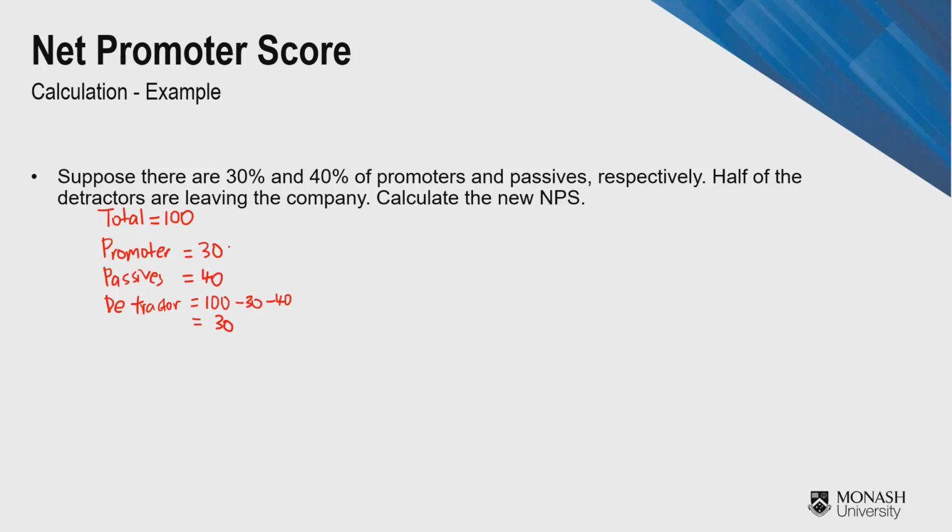So we know that there are 30% of promoters and 30% of detractors. So the current NPS, which equals promoters minus detractors, will be 30% minus 30%. Obviously, this will give me 0, right?